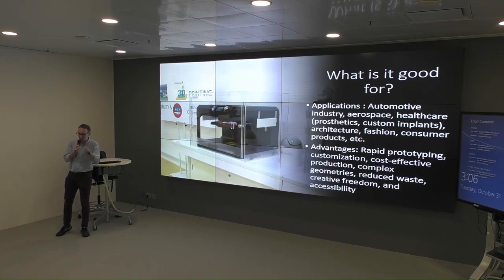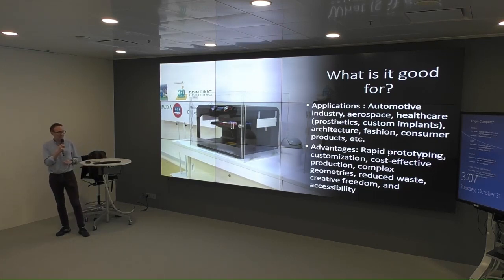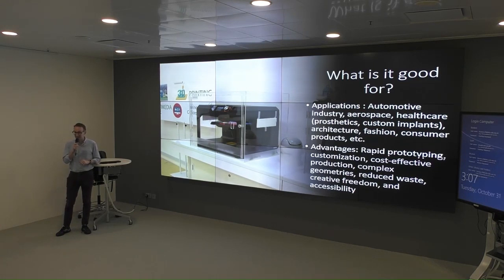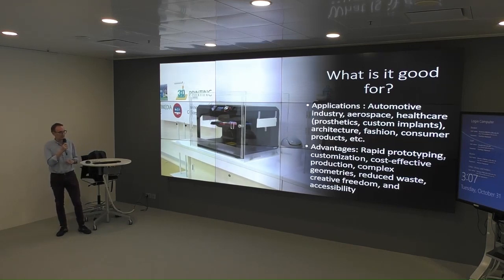You can make exactly what you want, as opposed to having to rely on mass-produced items. You can make it really quickly. You can make it much more cheaply. It gives you a level of flexibility and a level of customization that you wouldn't have otherwise.